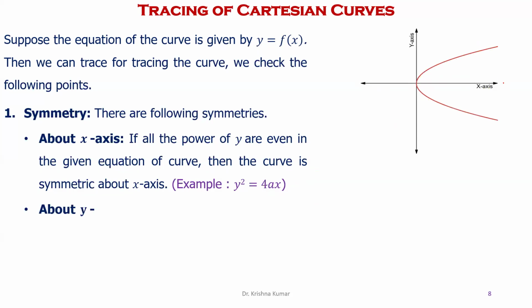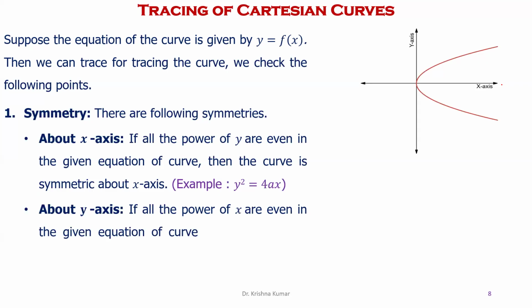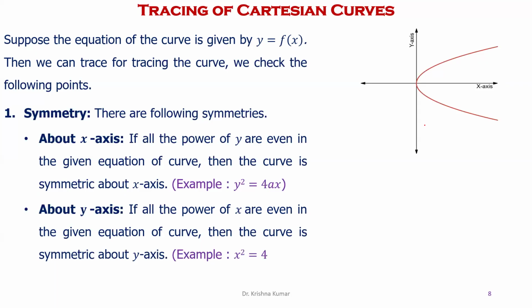The second is about the y-axis. If all the powers of x are even in the given equation of the curve, then the curve is symmetric about the y-axis. For example, x square is equal to 4ay.